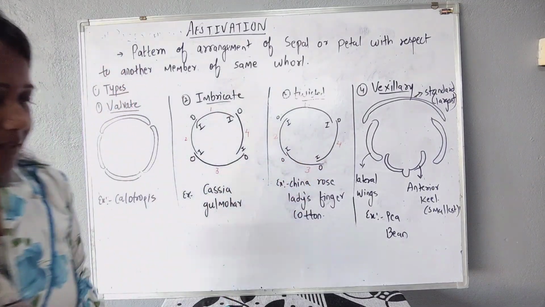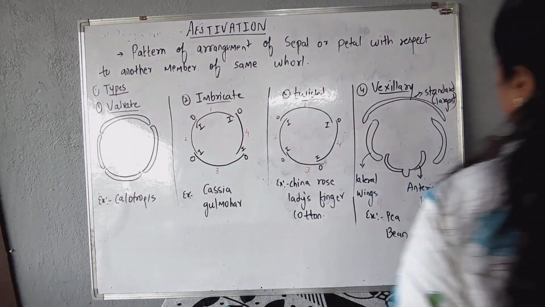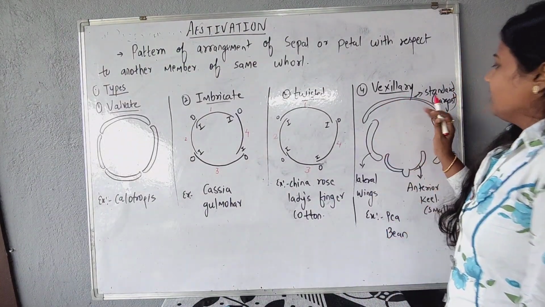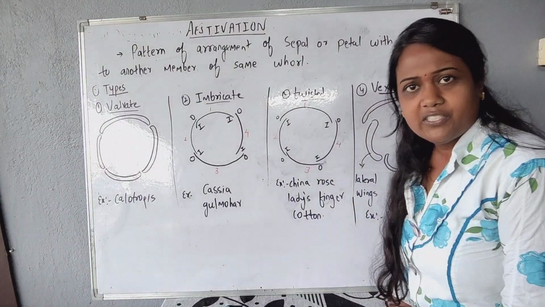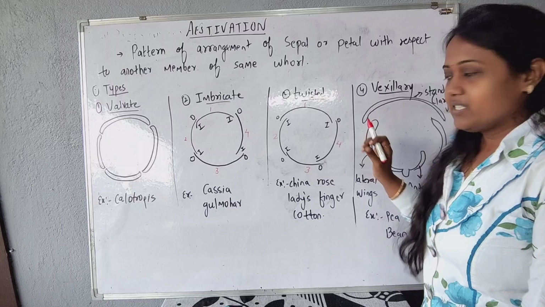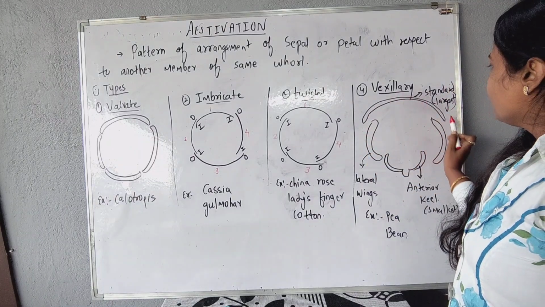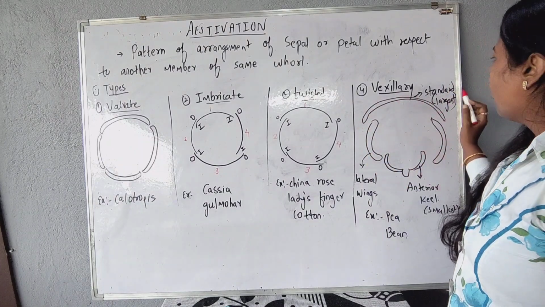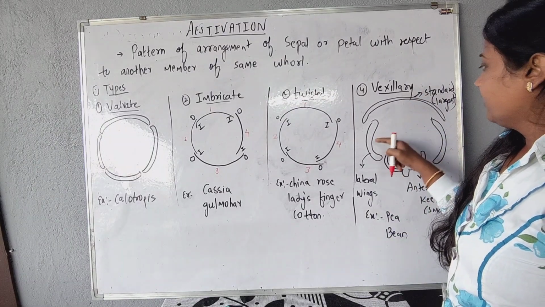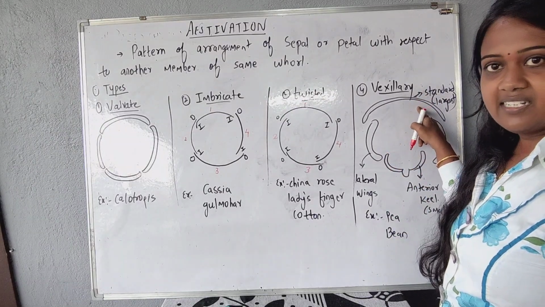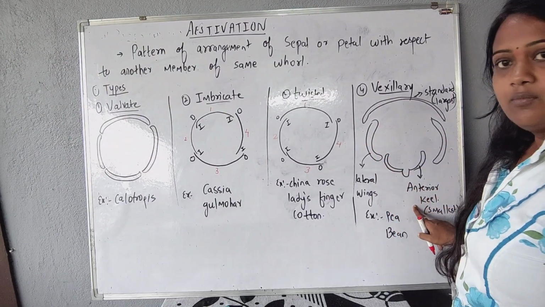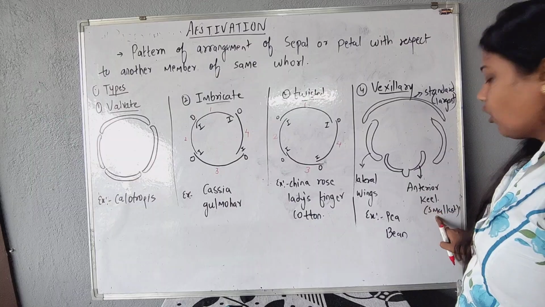Now look at the last one. The last one is vexillary aestivation. This is very simple, no confusion, and everybody remembers it very well because it is very unique. See, the posterior most is the largest member, which is called standard, and anterior to the standard are the two lateral wings, and the anterior most is the smallest one.